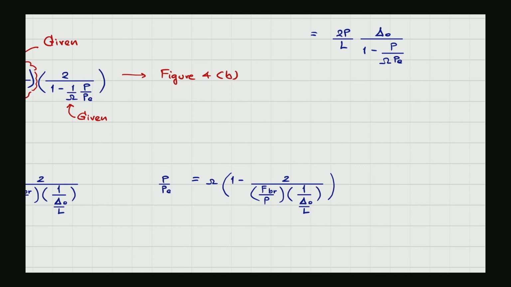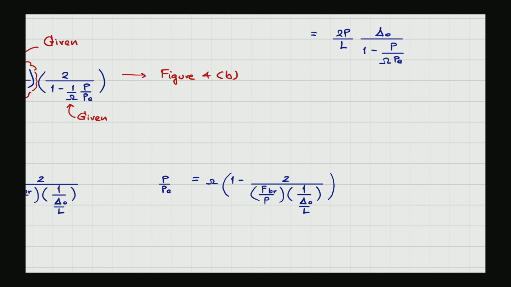1 over, let's make it here, delta naught over L, and the other one, and I will lock this and this. So if this is good, if this is less than 1, then we're going to put this in.